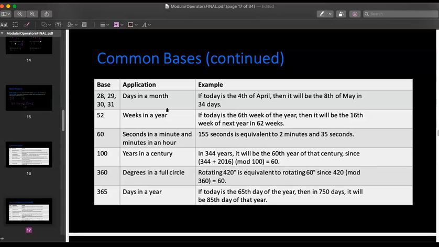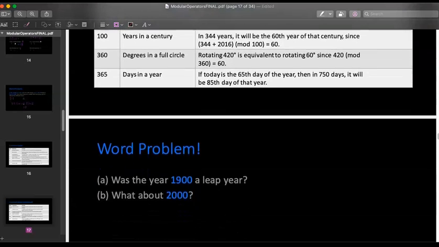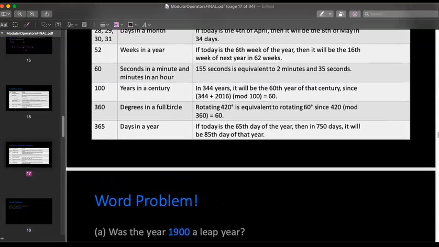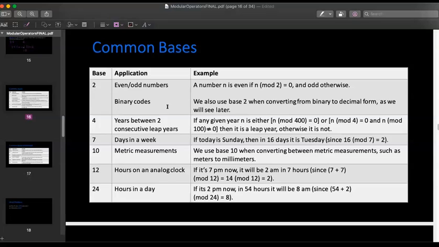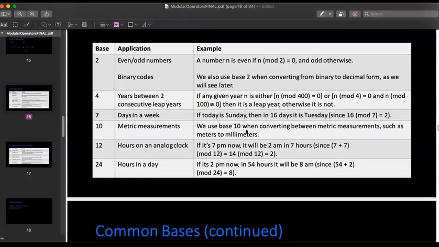And so before I get into something else, let's do one more word problem. Do we write this? You don't really need to. This is something you can look up later because we're going to know most of this in our lives, right? But we're going to use one of these in this word problem.